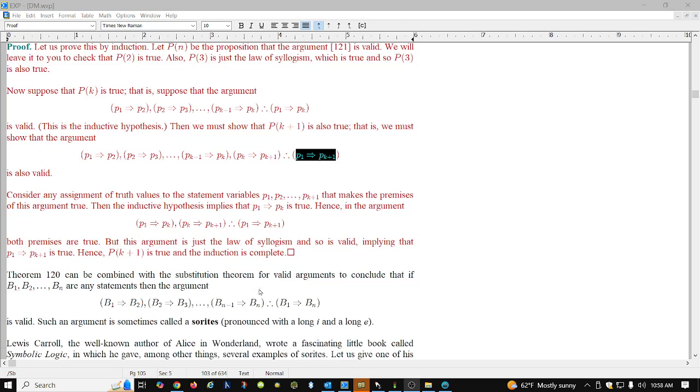We can combine this result, this theorem, with the substitution theorem. Any argument of this form where B1 through Bn are any type of statement, simple or compound, is called a sorites. It's pronounced with a long I and a long E. Sorites.